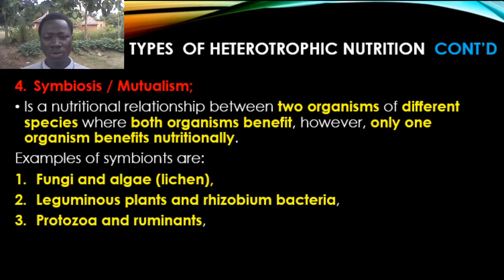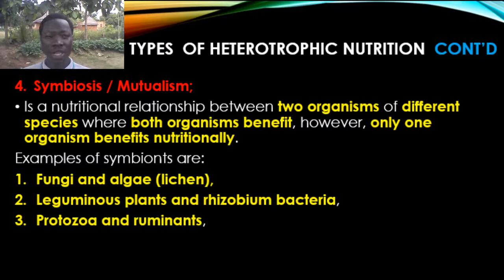What about the protozoa and the ruminant? The protozoa are found inside the cecum of these ruminant animals, and they have the capability of producing cellulase. Cellulase is an enzyme that can digest cellulose.